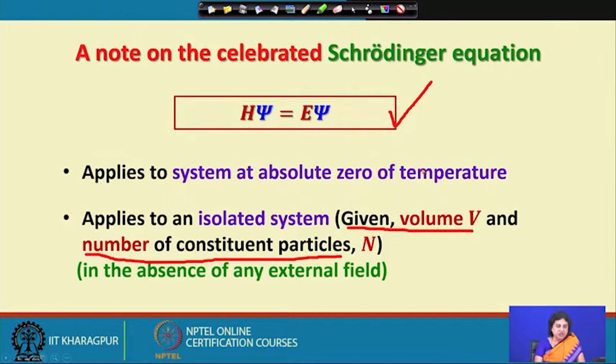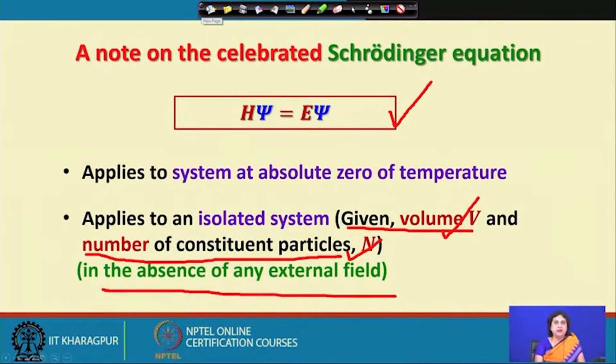So, for one energy eigenstate, the total energy of the system is constant, the volume is given, and the number of particles is fixed, and therefore, I would say that the solution applies to an isolated system which is not interacting with the surrounding. Of course, this has to be the case in the absence of any external field.